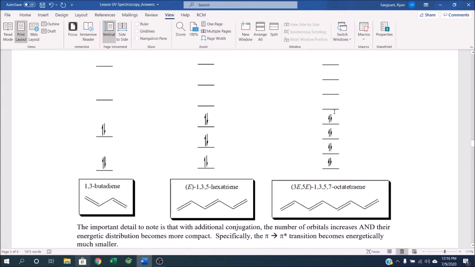And that's on purpose, because as your conjugated system gets longer and longer, the energetic gap between the HOMO and the LUMO starts to narrow. And if it takes less energy to promote an electron from the HOMO to the LUMO, then that means that it will take a different wavelength of light to cause that transition to occur.